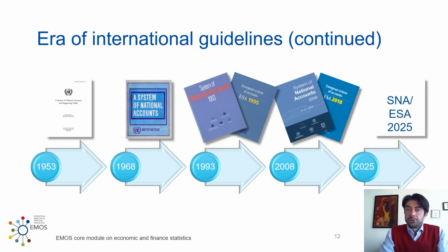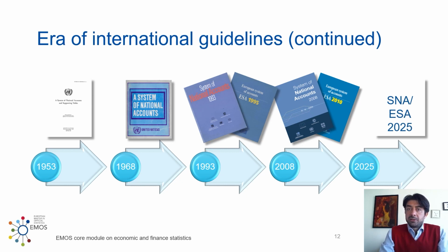Compared to the first edition in 1953, the size of the guidelines has hugely increased over time, and while the 1953 edition consisted only of a few pages, the 2008 edition is several hundred pages big.